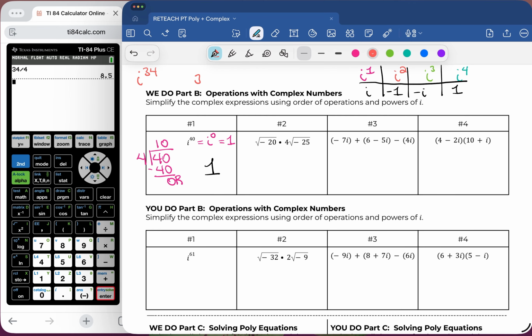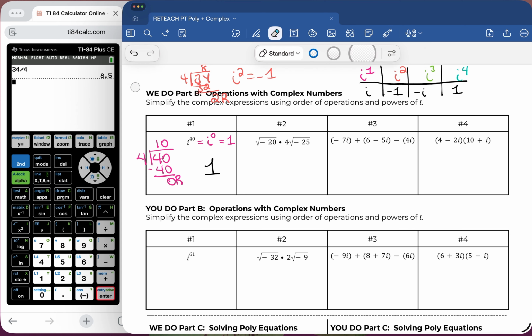And so when I do 34 divided by 4, I get 8 because 8 times 4 is 32, and I would have 2 as my remainder. So that means i to the 34th power is the same as i to the power of 2 because of that remainder. And then i to the power of 2 would be -1. So please practice that remainder portion to help you get ready for those proper forms.